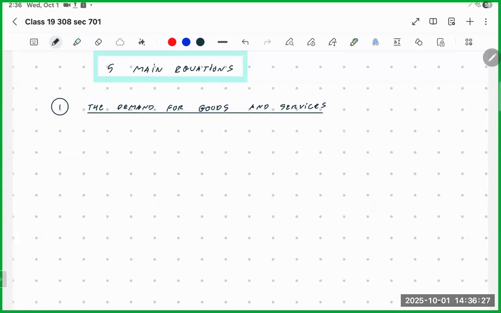The first equation looks like this: Y_t equals Y_t bar minus alpha times (r_t minus rho) plus epsilon_t. This is the equation of demand for goods and services.